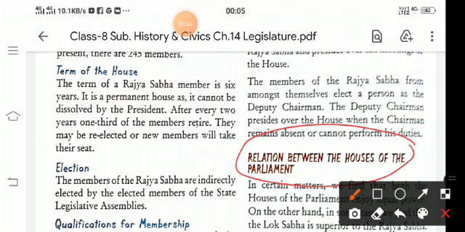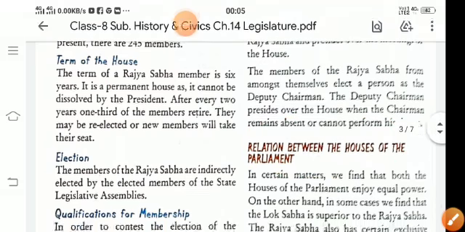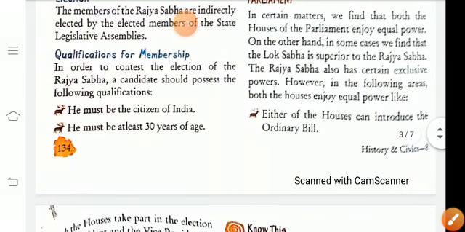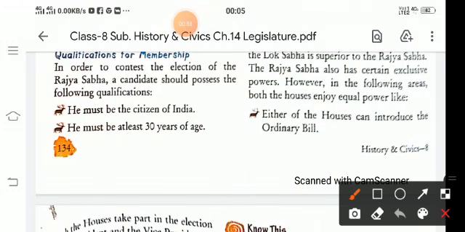Both the houses have some equal powers. What are the equal powers they enjoy? First is that either of the houses can introduce the ordinary bill. An ordinary bill can be introduced either through the Rajya Sabha or through the Lok Sabha.